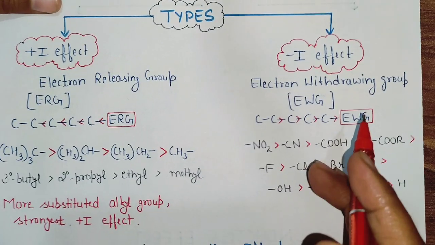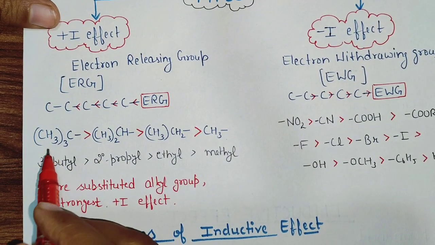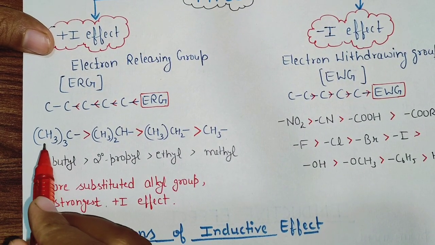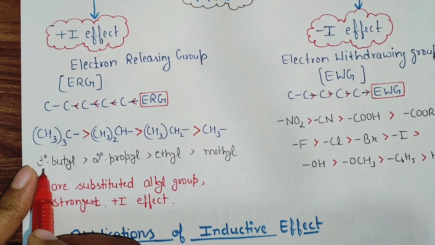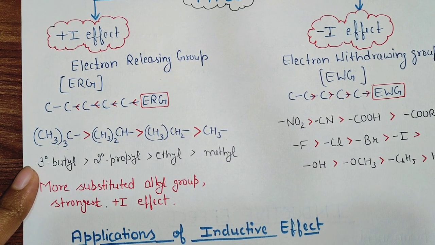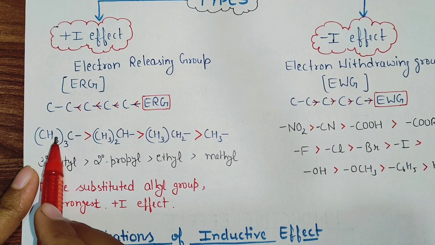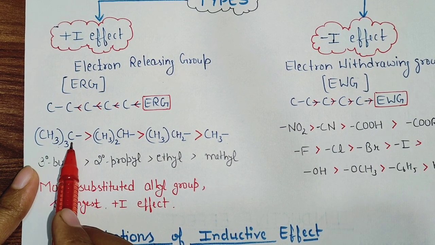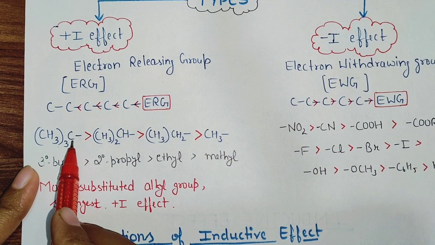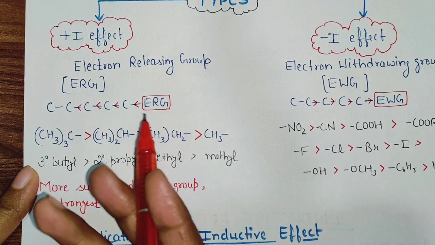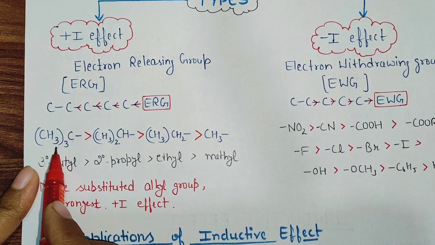Here is the example. The CH3 group is an electron releasing group. Here it is a tertiary butyl. Tertiary butyl means 3 CH3 groups are attached to the carbon. So electron density will be maximum at this carbon due to the electron releasing effect of these CH3 groups.